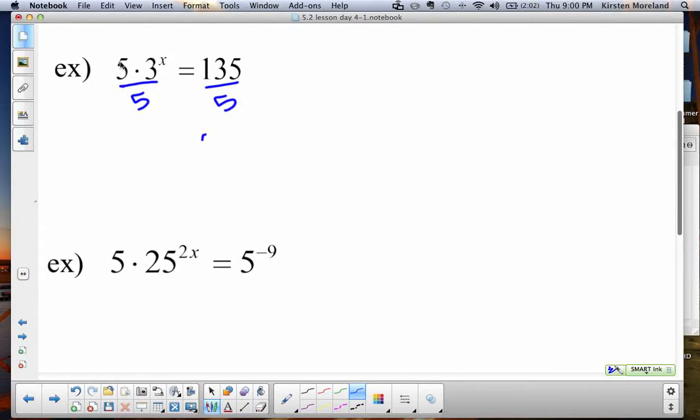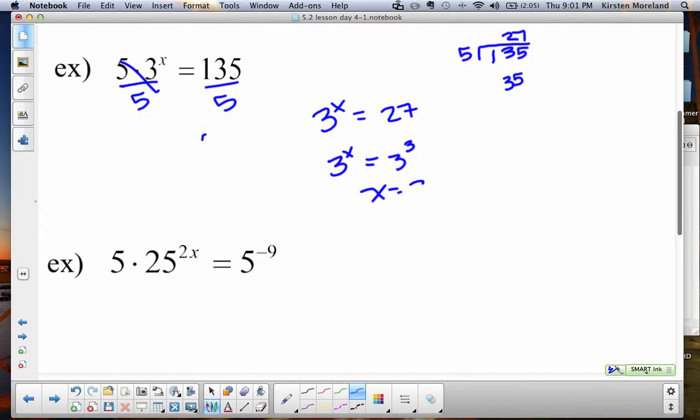So I get 3 to the x equals 135 divided by 5, which is 27. Now that's a nice number. So I get 3 to the x equals 3 to the third. So I get x equals 3.